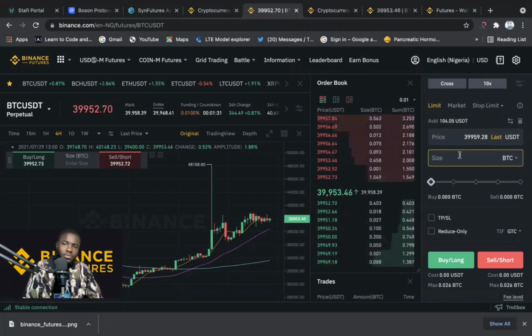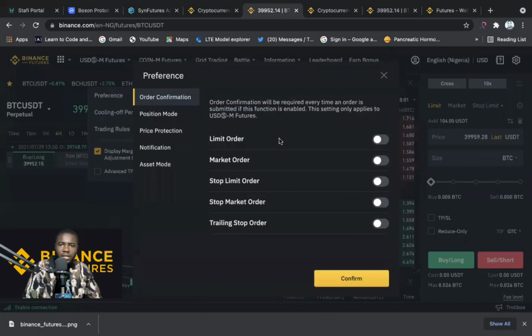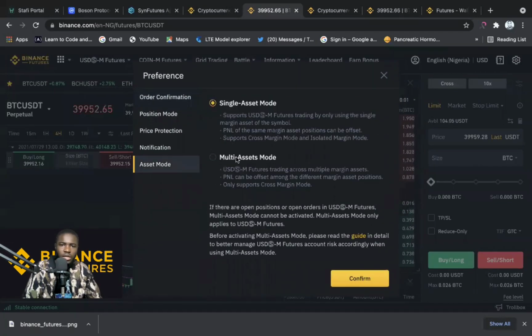So to activate the multi-asset mode, all you have to do is click on this right here, right? You click on these two lines right here. So when you click on that, you click on preference, and you click on asset mode, and you can activate the multi-asset mode, right? So I'm going to activate the multi-asset mode and show you basically what it does, right?